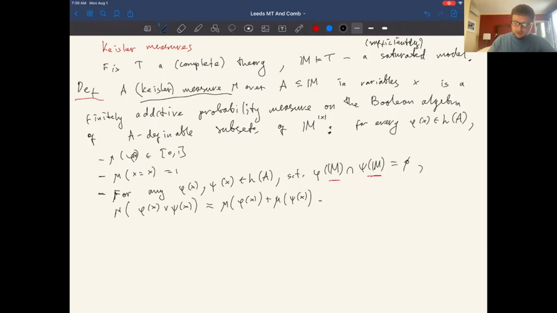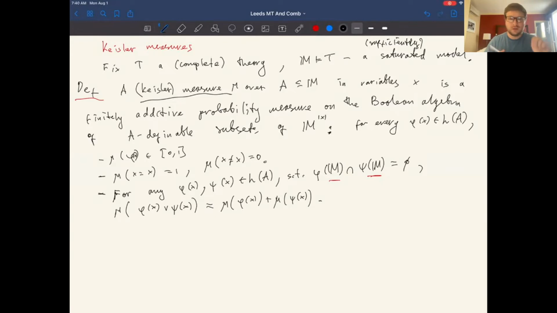And I guess I should also add that the measure of the empty set is 0. Note that here we only require finite additivity since we are working in a Boolean algebra as opposed to working in a sigma algebra. But this is not going to be a serious problem for us if you are used to normal measure theory. I'll remark on it in a second.